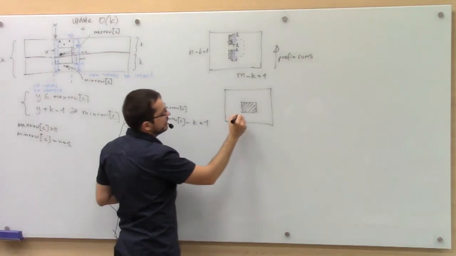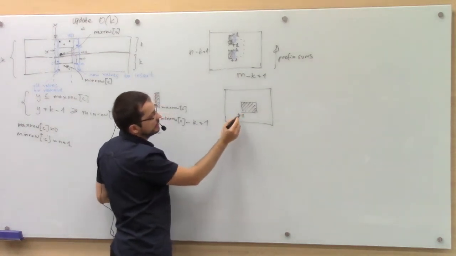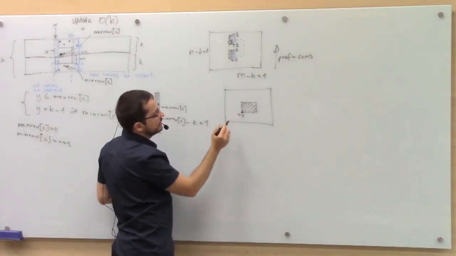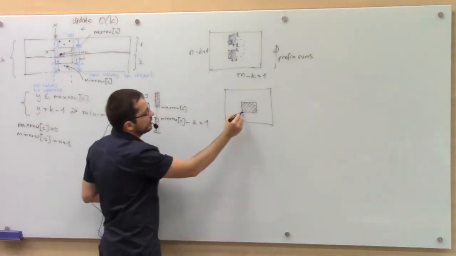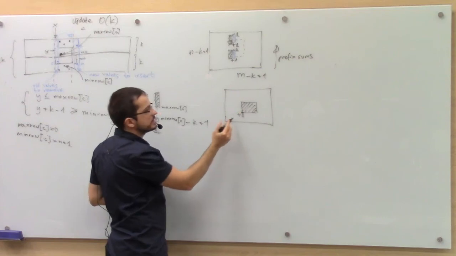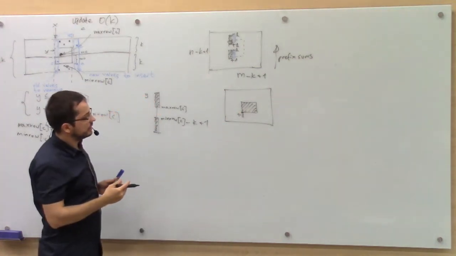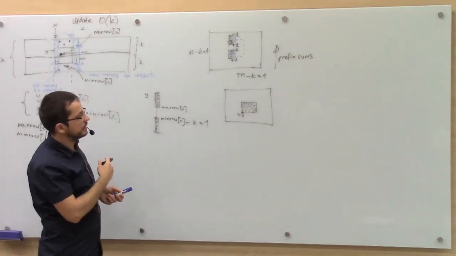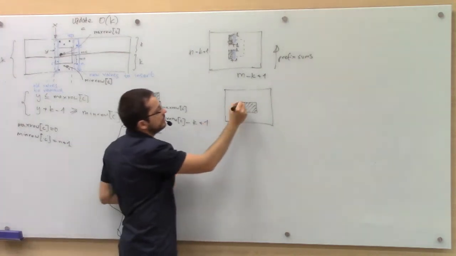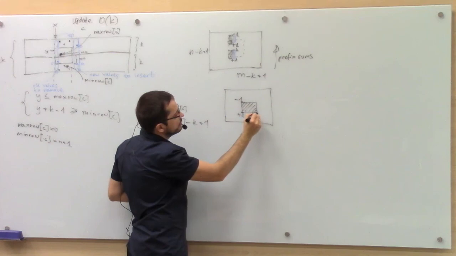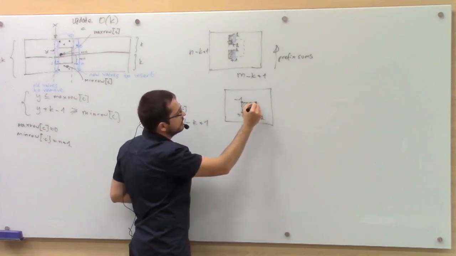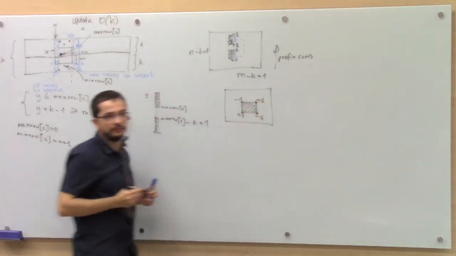We can add +1 to the one row of the lowest left coordinate of the rectangle. Here we would add -1, and here we would add -1, and here we would add +1.